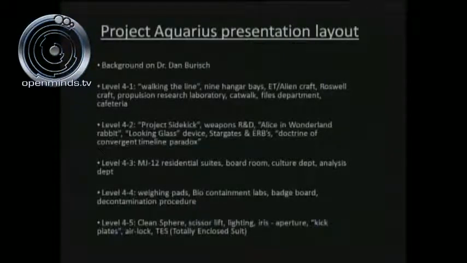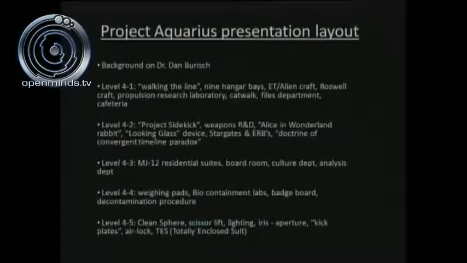For level 4-2, we'll consider Project Sidekick, the weapons research and development, Alice in Wonderland Rabbit, this is a good historical note, Looking Glass Device, Stargates, ERBs or Einstein-Rosen bridges, the doctrine of convergent timeline paradox.